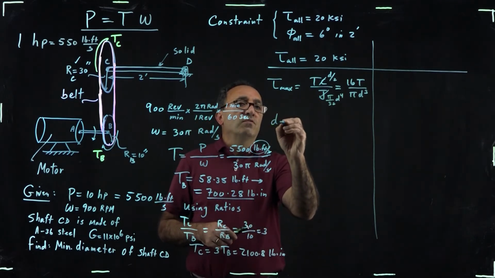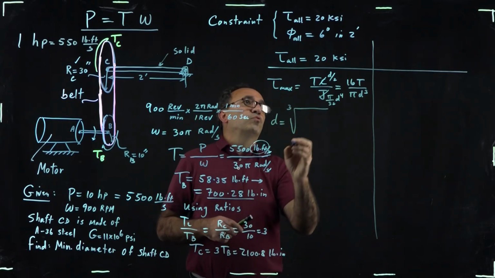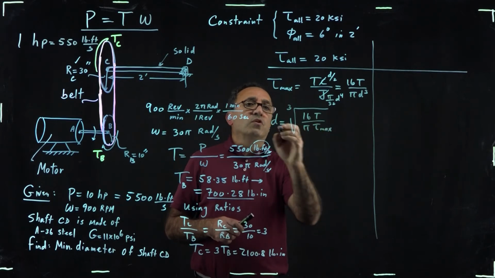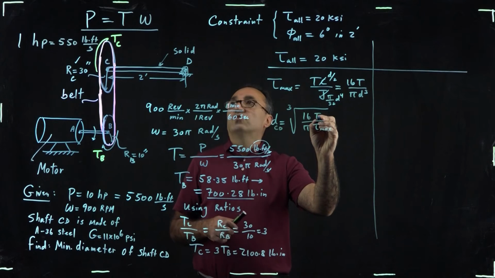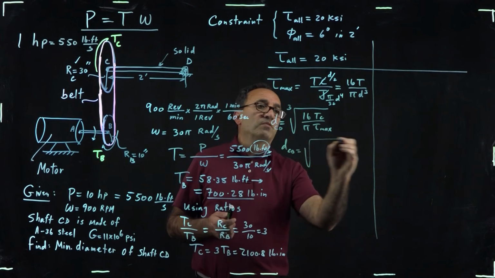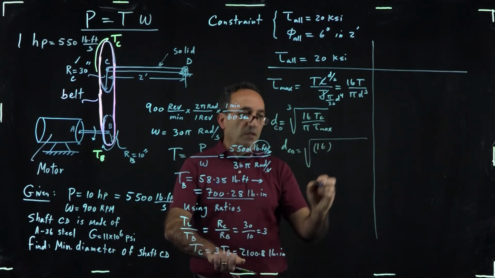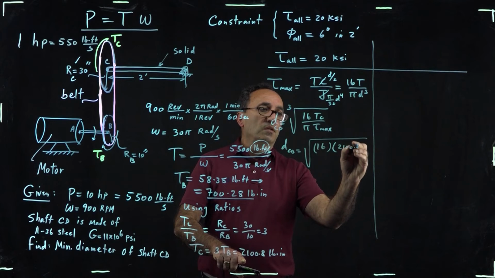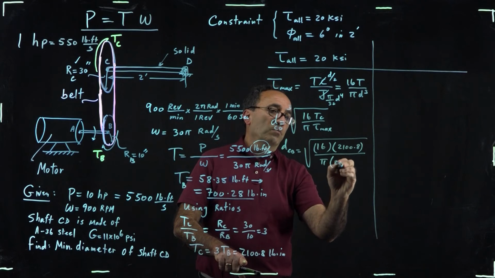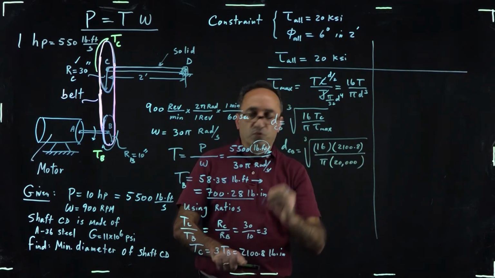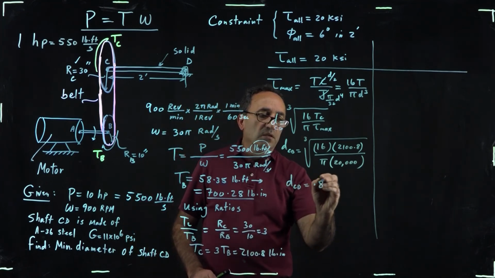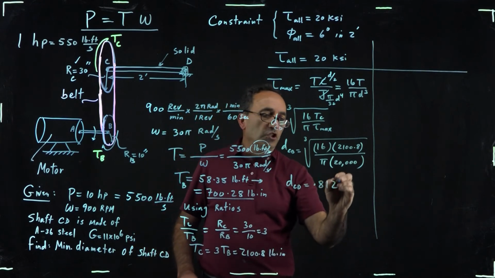So you can directly solve for diameter. Diameter becomes the 3rd root of 16 torque divided by pi tau max. Of course, we're talking about the diameter of shaft CD, which relates to this torque C. So if you plug in the numbers, 16 times this torque, 2100.8, divided by pi times 20 KSI, that's 20,000 PSI, and keep in mind this is the 3rd root, we get about 0.812 inch.